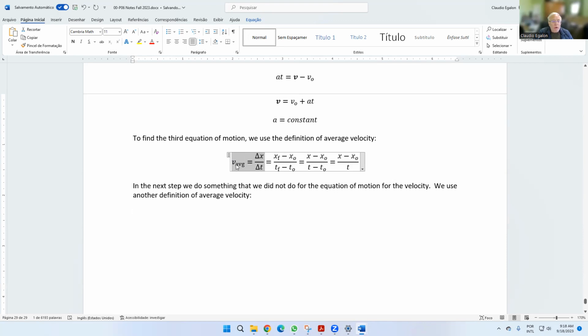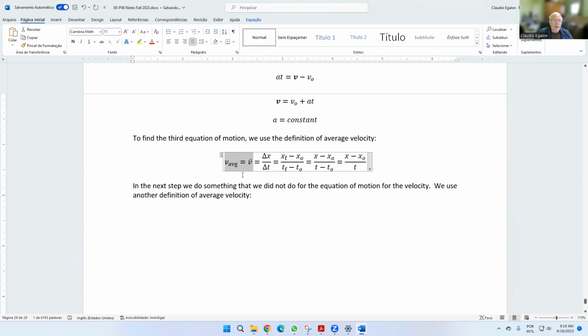Here you go. Don't forget there is another symbol for average velocity too, in case you see it in a different way. Some books adopt a different notation for the average. It's a bar at the top of the V. It's a different notation, but it means the same thing.